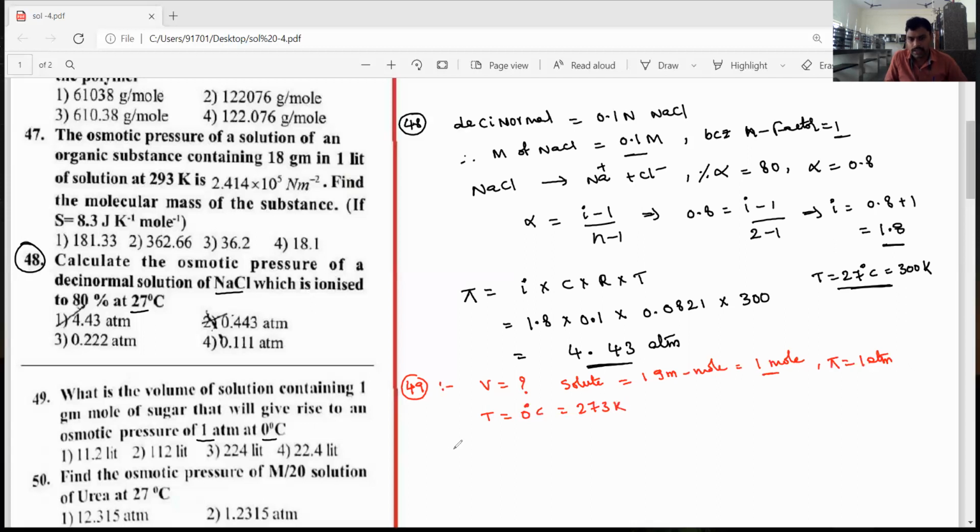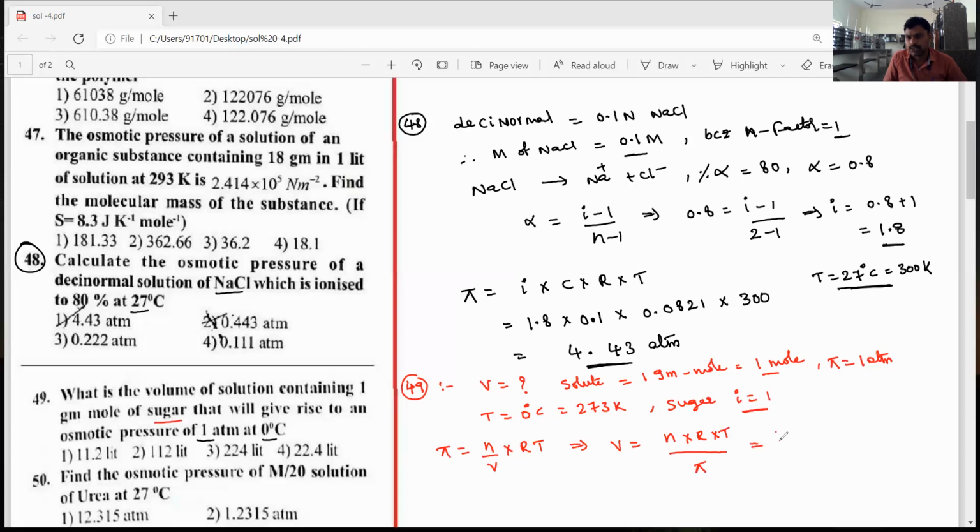Okay, now we know that for sucrose, sugar, the i value is equal to 1. Then the osmotic pressure pi is equal to i into C into RT. Since i is 1, I'm not taking i. C is n by V, with the volume in liters, so pi equals n by V into RT. Then the volume is equal to n into R into T divided by pi.